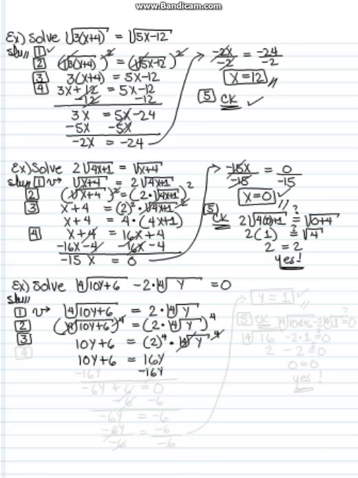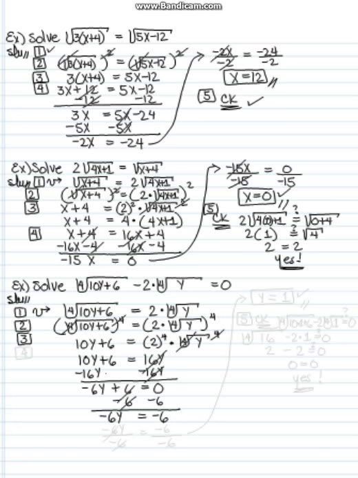So we have 16 times y on the right side. Now let's solve the equation. This is step 4. We're going to do that by bringing all the y's on one side and all the numbers on the other side. So subtract 16y from both sides, and it cancels on the right side. We're left with negative 6y plus 6 is equal to 0.